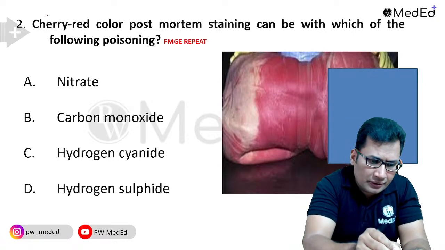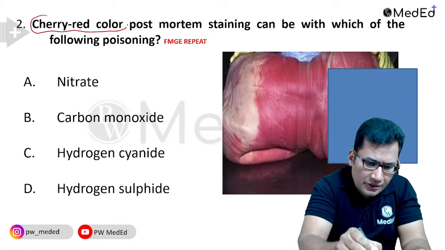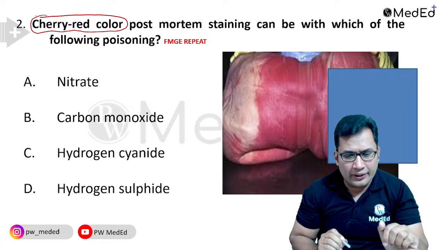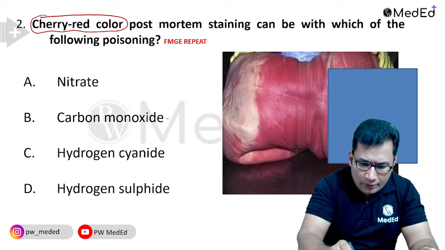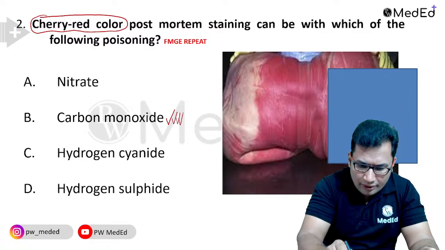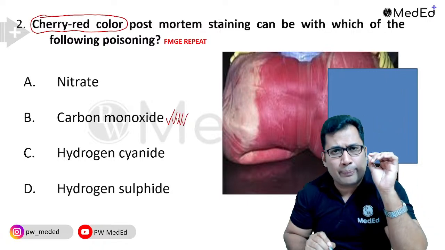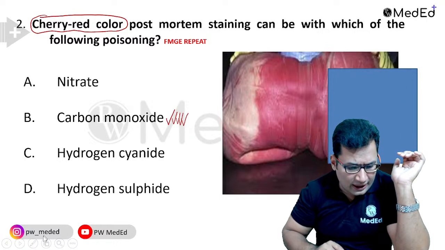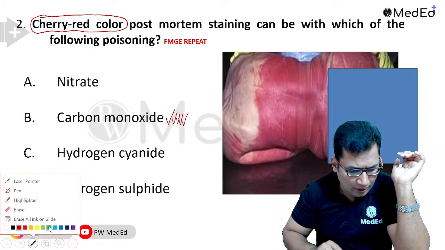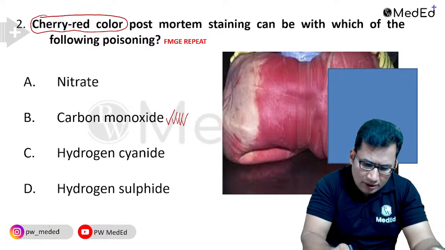Cherry red color. Can anyone answer this? Your answer should be carbon monoxide poisoning. In carbon monoxide poisoning, it is of cherry red color. What is the color in hydrogen sulfide?